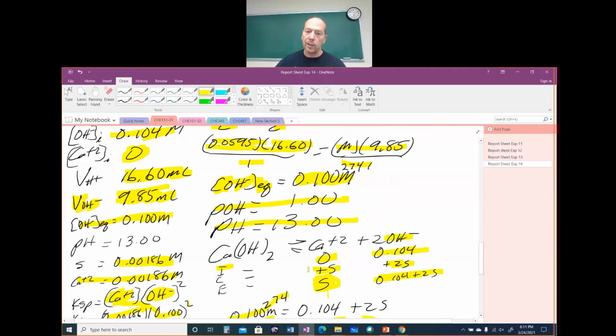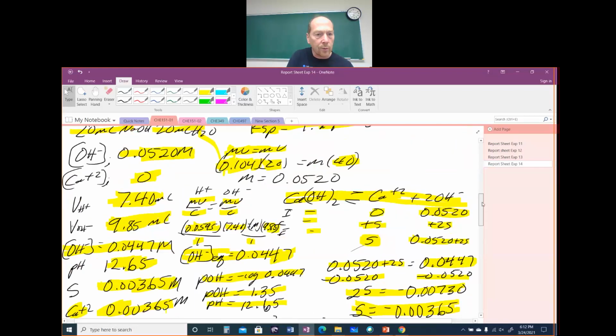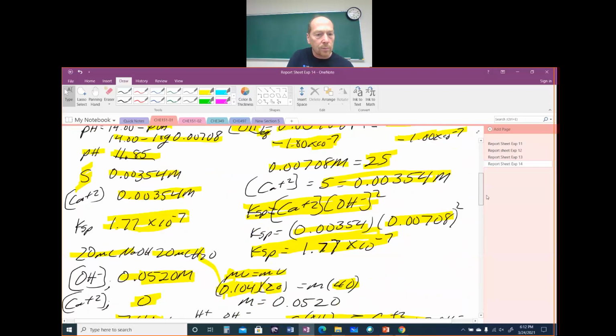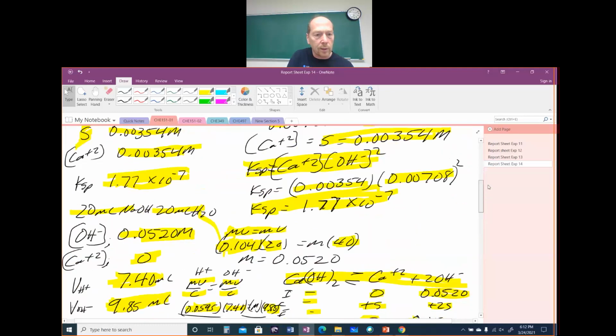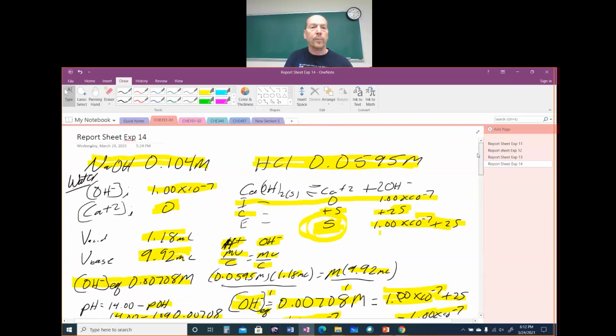So we should have had less and less solid dissolving. So you should have had a lower solubility for each different run. And I think that was consistent in this one. It went down. Well, nope, not from there to there. Almost was consistent with this one, but not quite. All right, but experimental error is fine, but you should explain what should have happened in your conclusions. And that is how you fill out experiment 14.